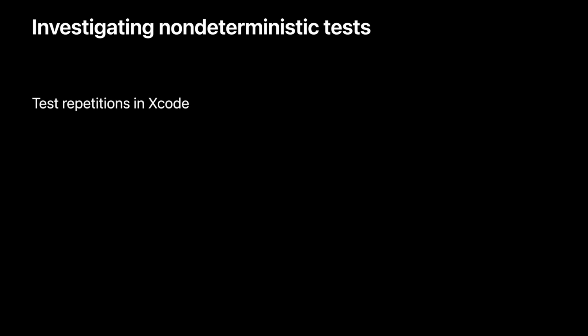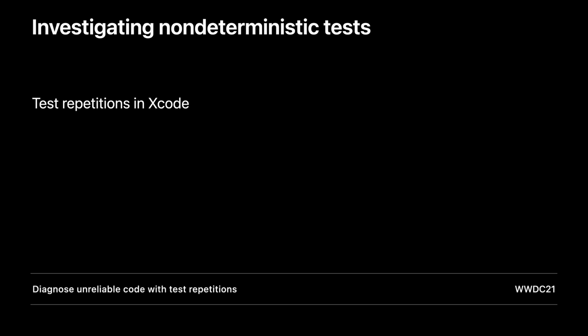As an aside, when you need to investigate a non-deterministic failure, Xcode makes it easy to run a test multiple times, stopping when it fails or some other condition is met. This can be really helpful in tracking down failures in flaky tests. For more about this, watch the session Diagnose Unreliable Code with Test Repetitions.